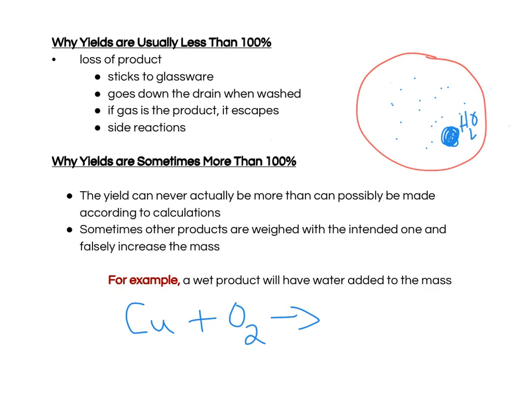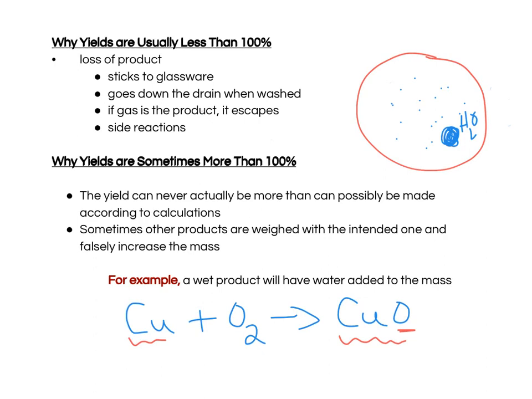So whether it's copper(I) oxide or copper(II) oxide, I can see right now that copper(I) oxide is going to have a higher molar mass than copper alone. So if you think what you have is copper, but it's actually copper oxide, it's going to weigh more because of the additional oxygen that's in the compound.